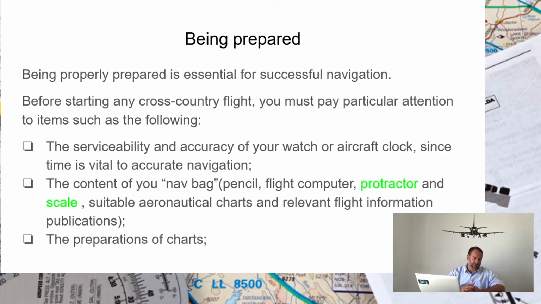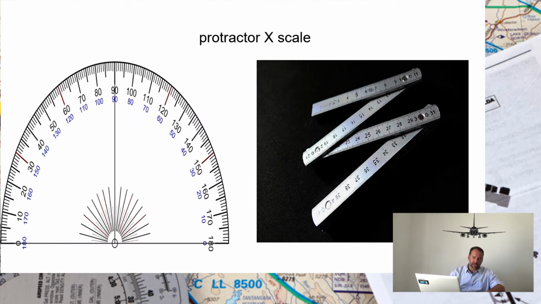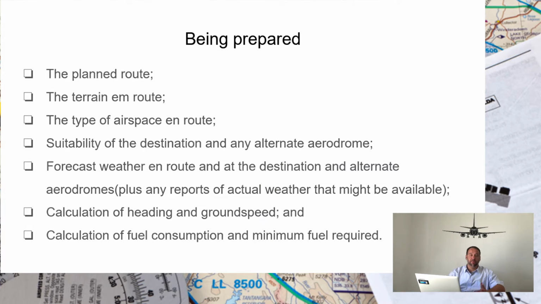In preparation of charts, all right, you put them in the specific direction you're going to, with protractor and scale. All right. Being prepared: the planned route, the terrain en route, the type of airspace en route, suitability of the destination and any alternate aerodrome.